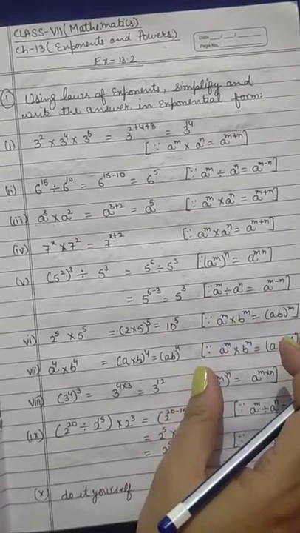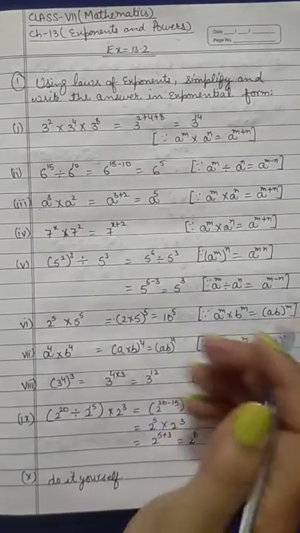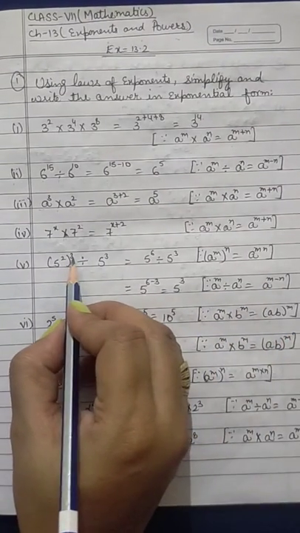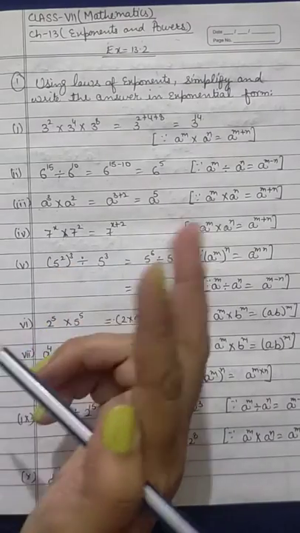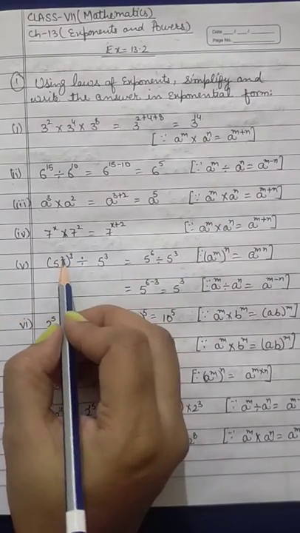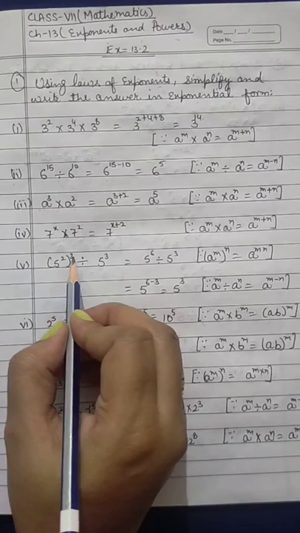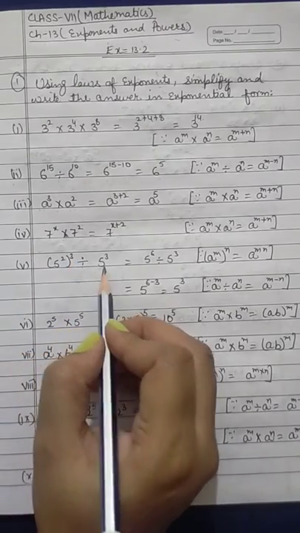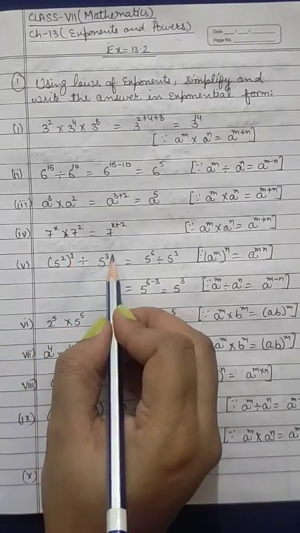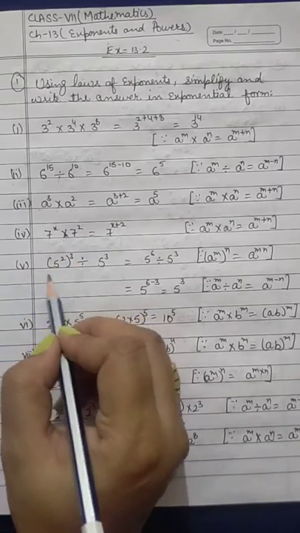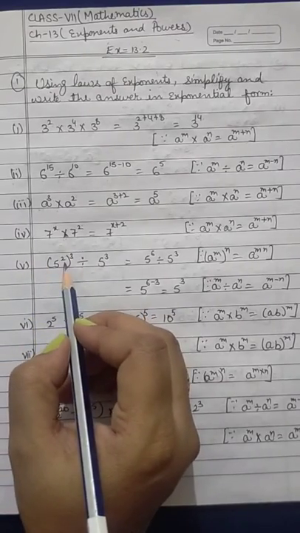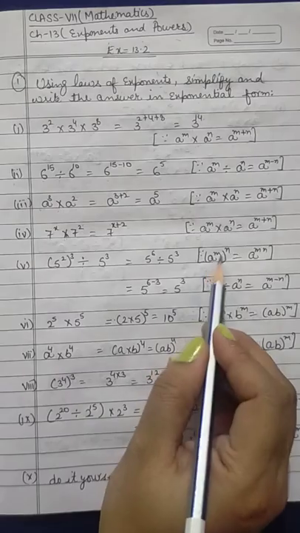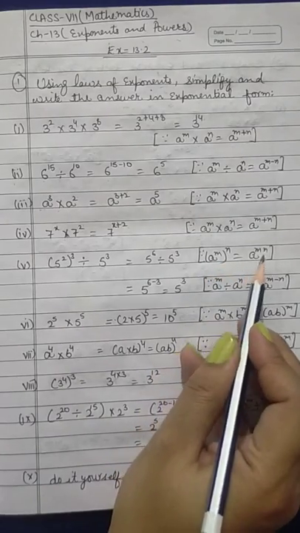Then see the fifth part. We have 5 raised to power 2 into 3. You can see there are two powers of this number 5: one inside the bracket, the other outside the bracket. And here a division sign, 5 raised to power 3. First of all, we'll simplify this part. As we know, a raised to power m, whole raised to n, is a raised to power mn.